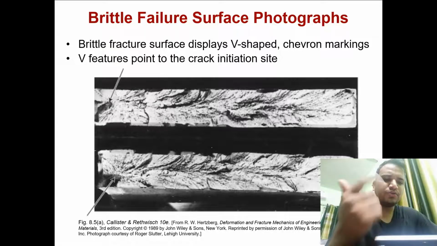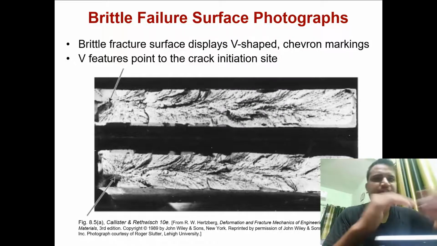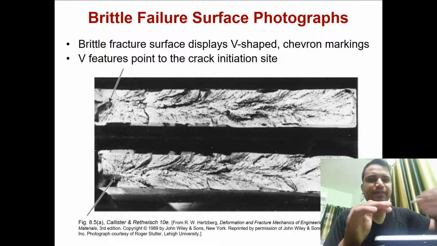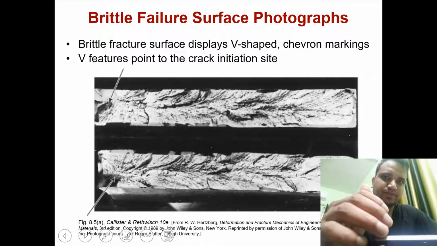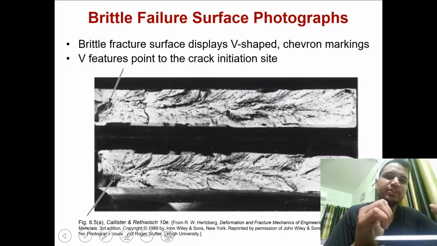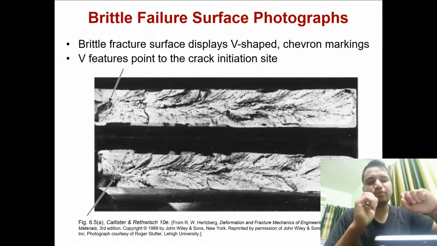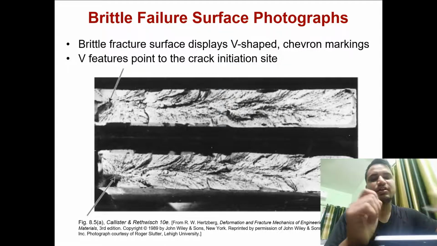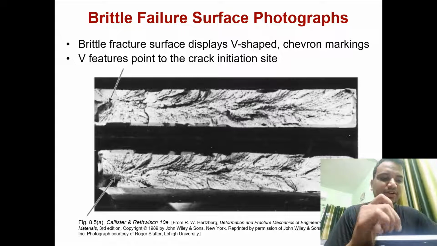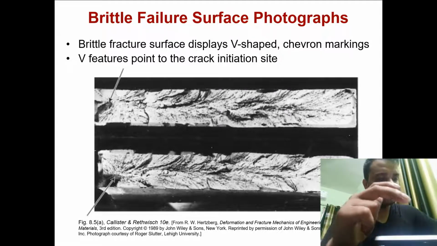When it propagates, it creates a very flat surface, and this propagation can be along the grain and between the grain also. Once it happens along the grain, this is called intergranular, and when it happens across the grain, that is called transgranular. This is some feature it is shown.